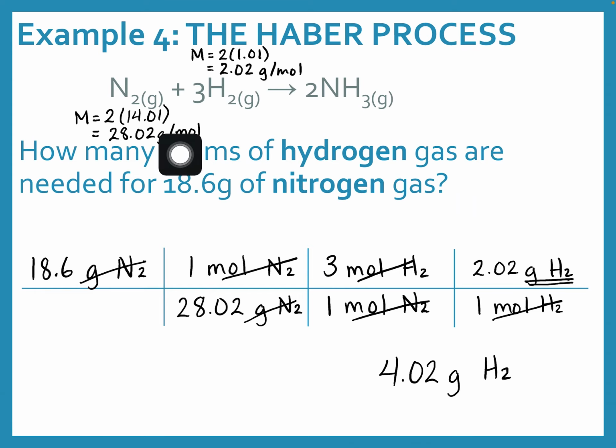So this is once again where our mole to mole ratio does not give us any idea about the mass. So here in terms of moles, I need 3 times as many moles of hydrogen as I do nitrogen. But when I look at mass, my 1 to 3 ratio does not show up in any way, shape, or form. So I have 18.6 grams of nitrogen for 4.02 grams of hydrogen.